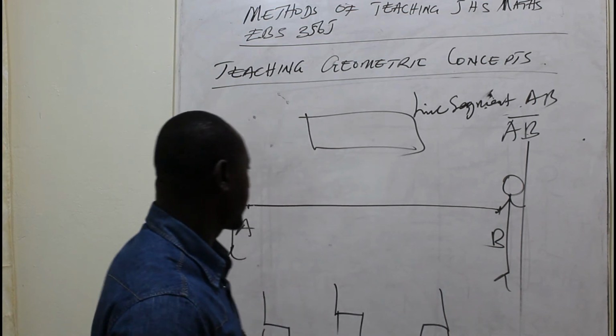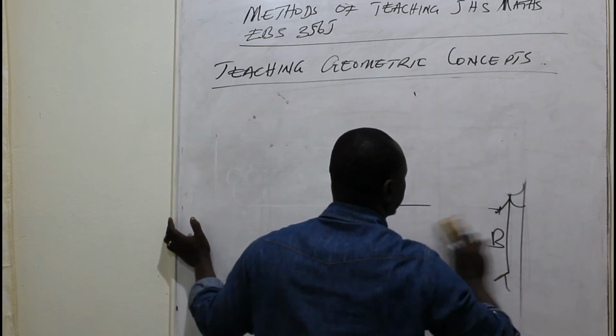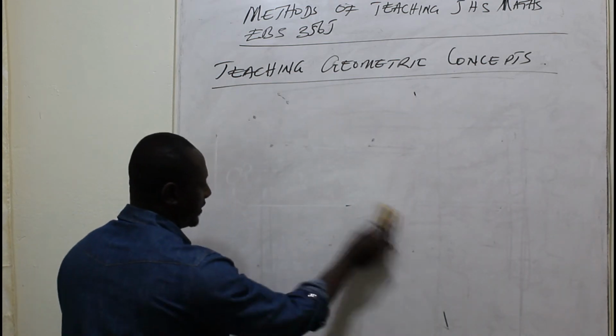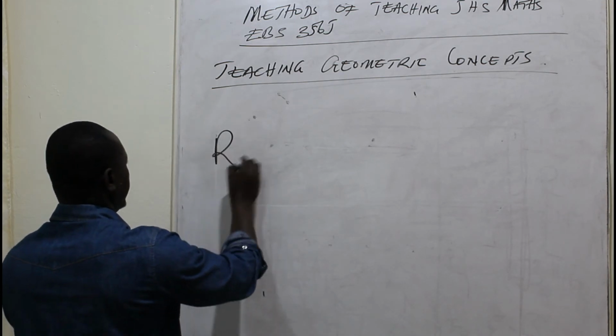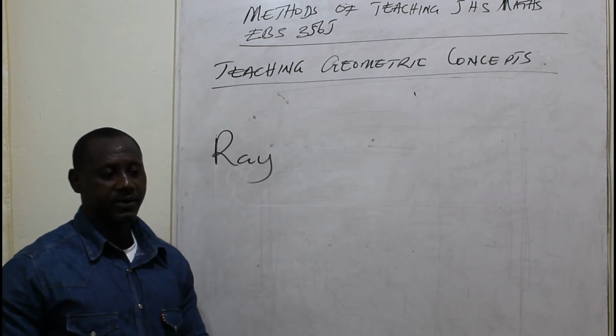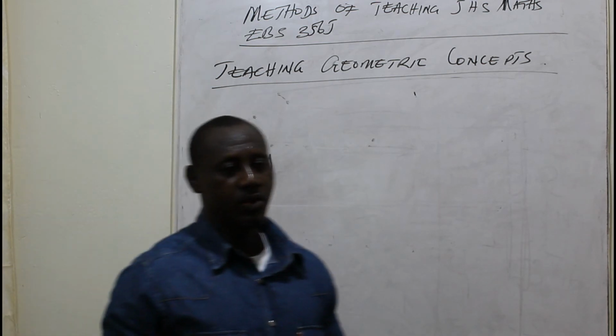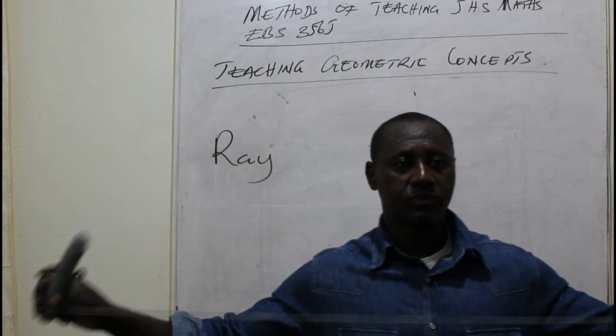And the last point that I want us to consider is what we call the ray. And which one is the ray? For the ray, you will give the same twine to the students.